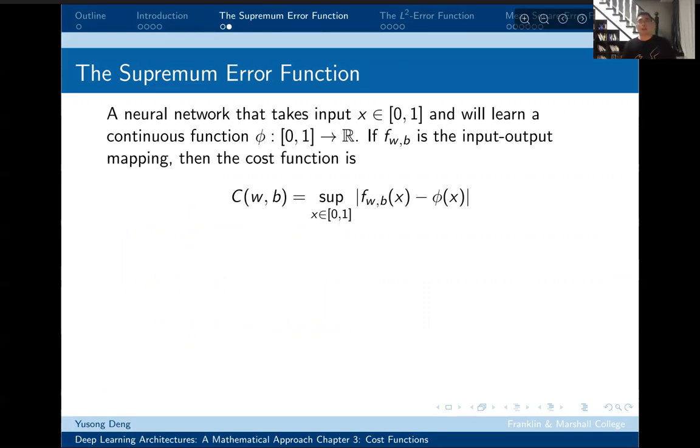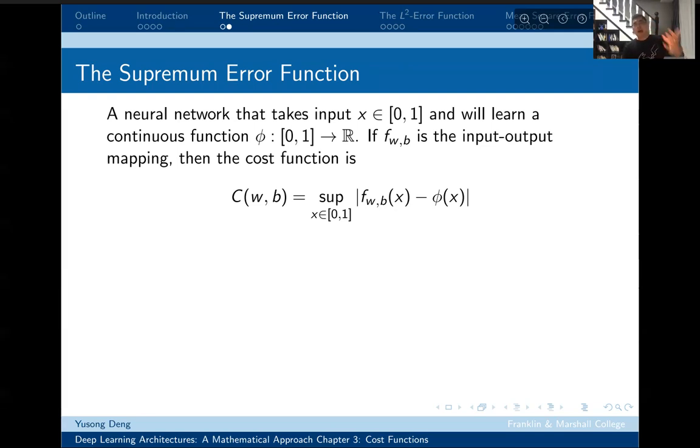A neural network that takes input from 0 to 1 will learn a continuous function from [0,1] to the real numbers. Say you can say, okay, it maps 0 to 0, and it maps 1 to 0, and maybe at 0.5 it maps to maybe 10,000, and you want to learn, okay, what is that function? What is that function really?